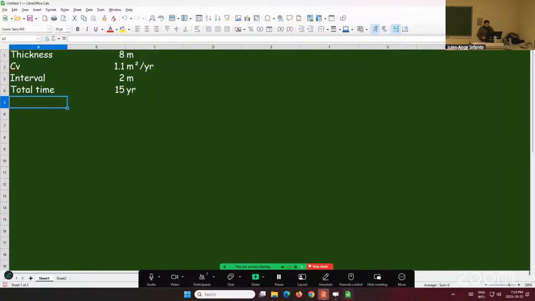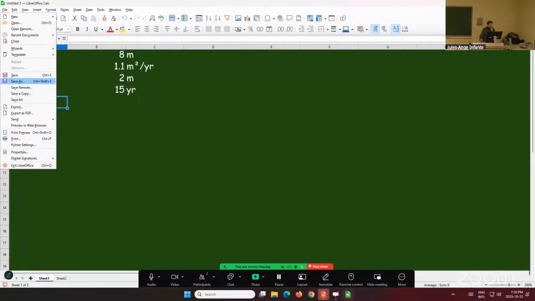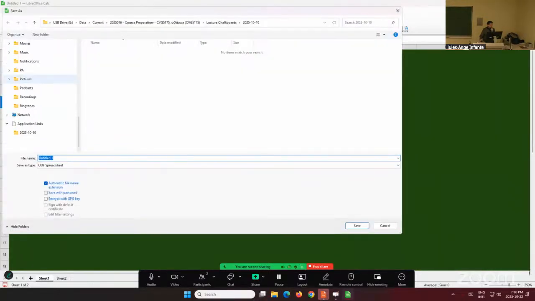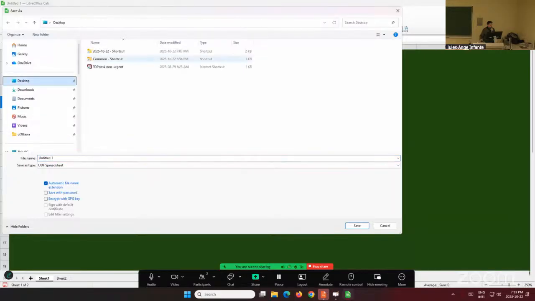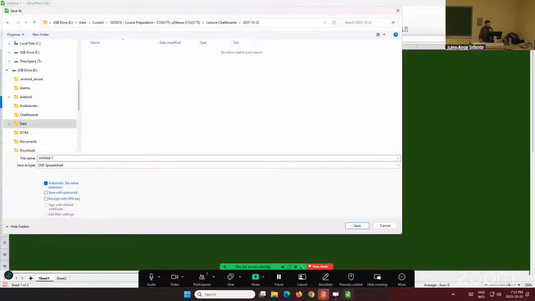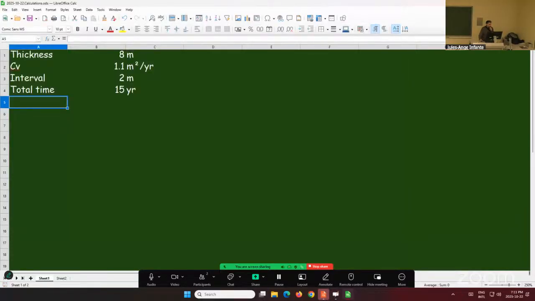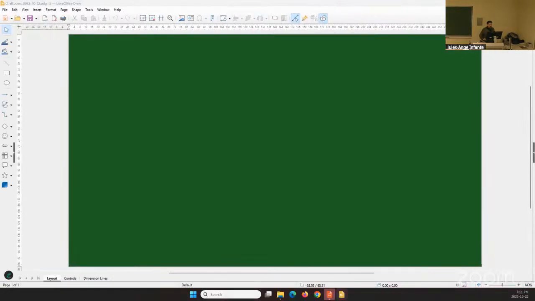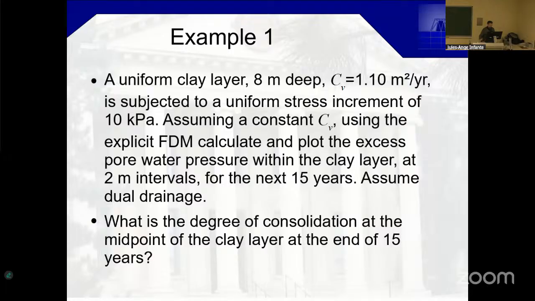Two-meter interval. So we're looking at the degree of consolidation after 15 years.